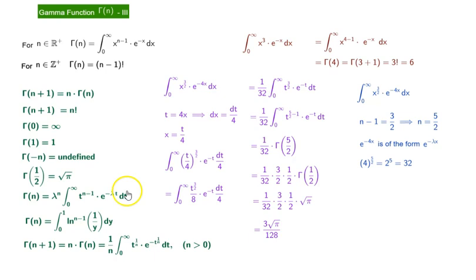So here 4 is the lambda and we need lambda to the power of n. So 4 to the power of 5 by 2 is equal to 2 to the power of 5, which is 32. And here in this identity, if you look, lambda to the power of n can be taken to the denominator on the other side. So we have 1 by 32 times gamma of 5 by 2 is equal to this integral.